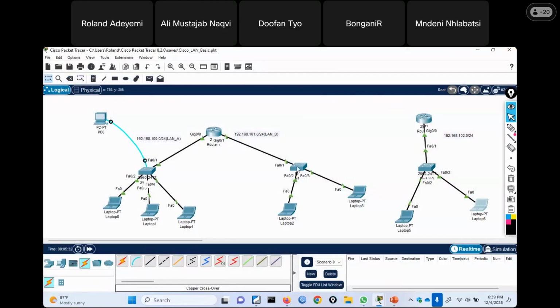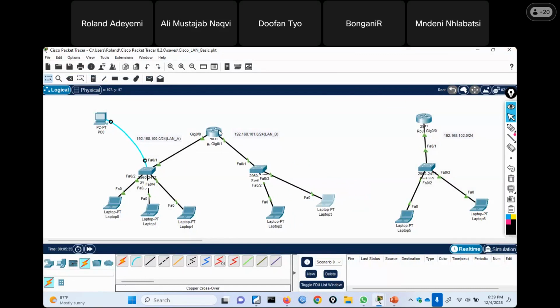Now, what do I want to do right now? I want to connect this router in London. Let me type London up here. This is New York. I want to link the LANs in London to the LAN in New York.